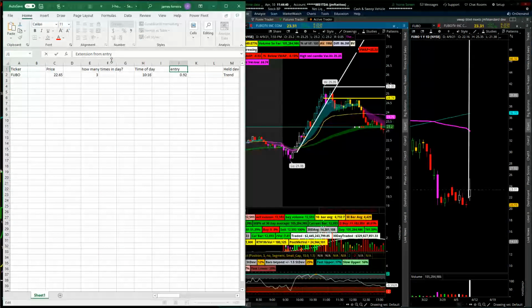I'm thinking real quick. Sorry, guys. Actually, no, I'll just do it in the row next to it. I want to know extension from entry for scalp. That's 92. And then I want to know full.